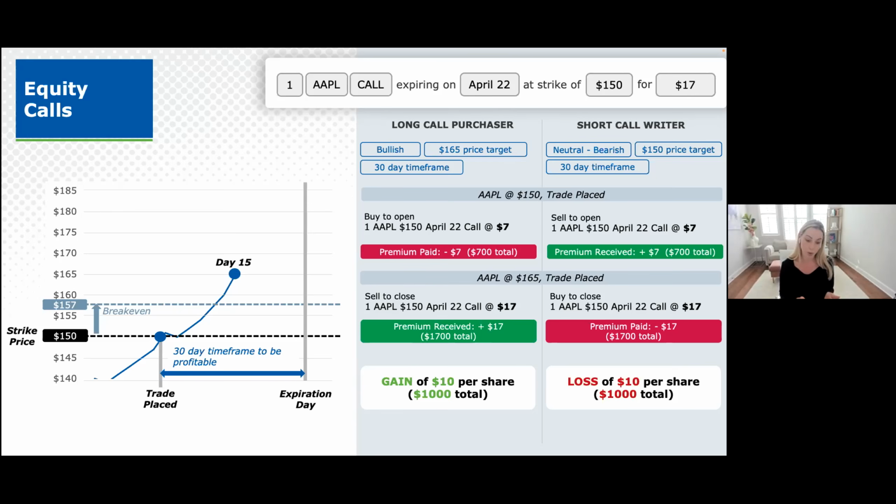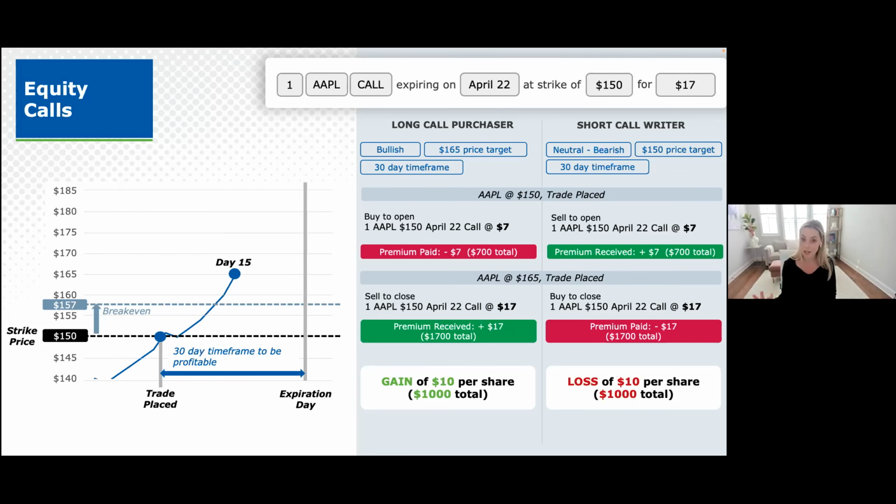The long option holder could potentially hold on to this if they didn't close it and capitalize on more upwards movement. However, any extrinsic value that's remaining will actually be decaying, which in this case is $2 per share. Because remember, if Apple is at 165, and I have the right to buy at 150, but the market's at 165, that's at least $15 worth of value.